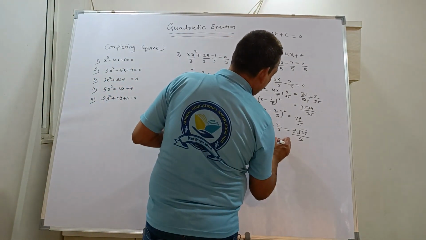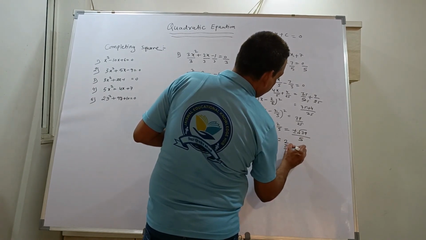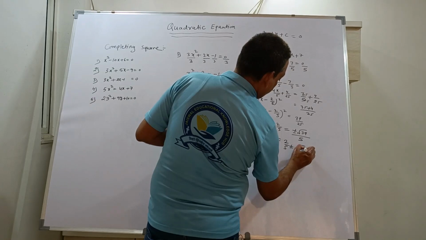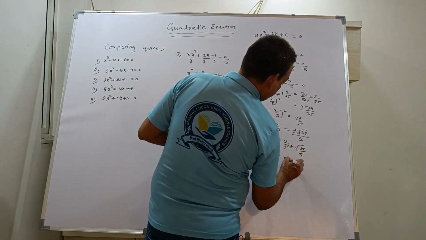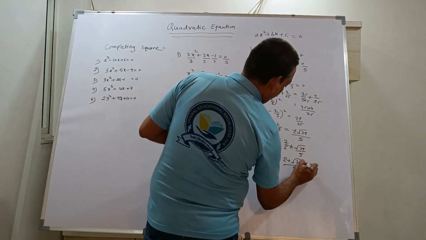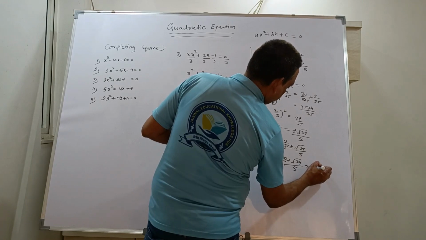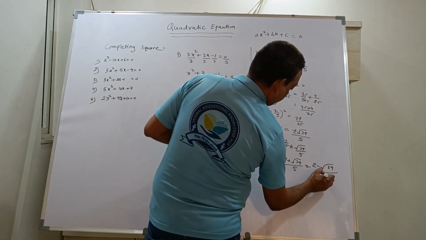So x is equal to 2/5 plus minus root 39/5, which is nothing but (2 plus root 39)/5 or (2 minus root 39)/5.